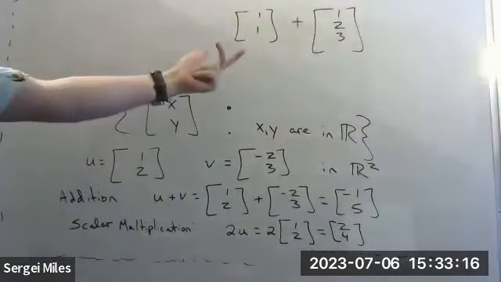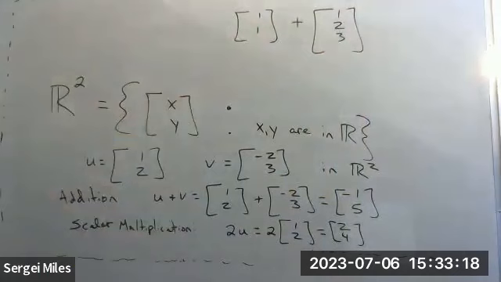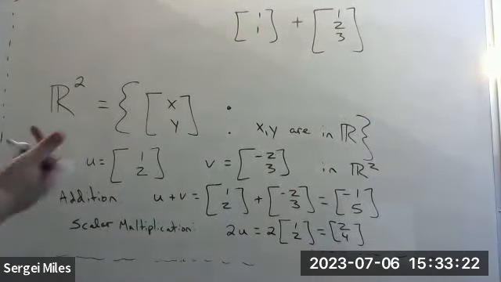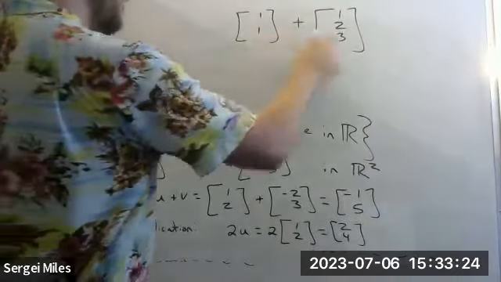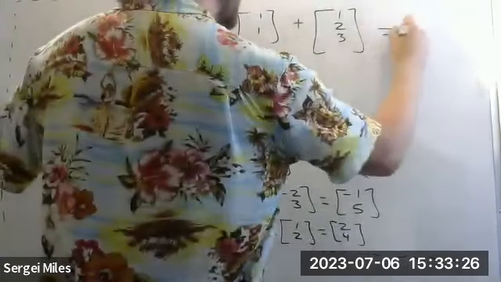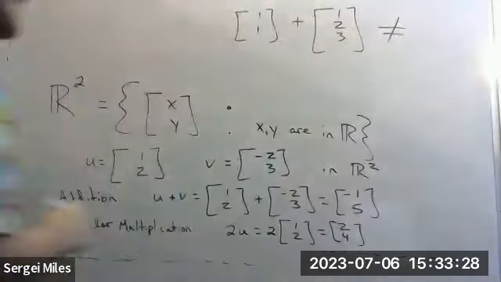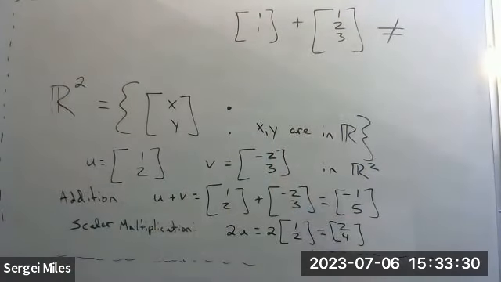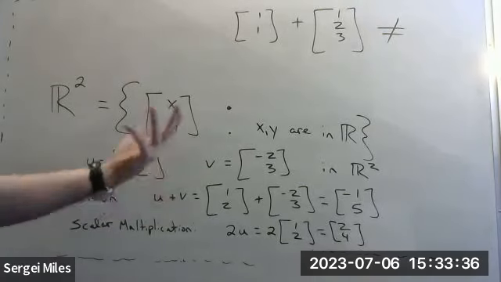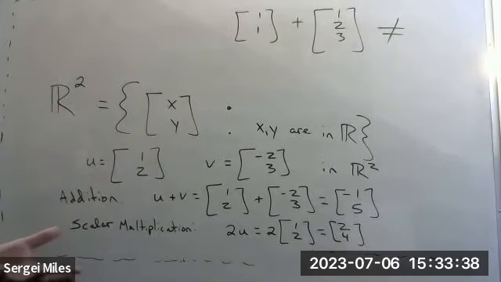Well, now I don't have a third entry for the first vector to compare to. I don't have a way of adding these two together because there's no entry here for me to add to 3. So these vectors cannot be added together. There's no way to do it. So in order to add vectors together, they have to be from the same dimensional space. Scalar multiplication can be applied to any size dimension vector. It's really this addition thing we have to worry about at this point.